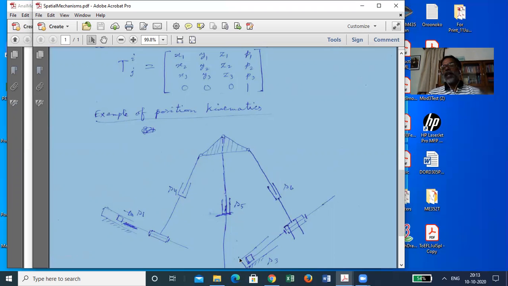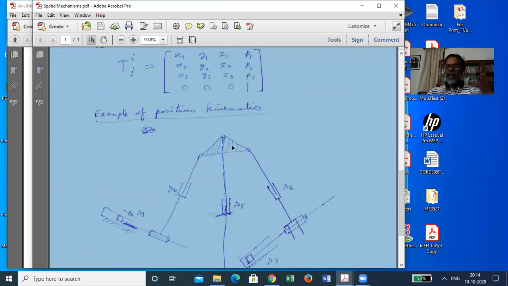So this mechanism actually has two independent loops. We are supplying these things as the independent variable symbols. So we actually are developing one more artificial loop, and then by developing that, we write three loop closure equations, one along this, one along this, and one along this. So one artificial loop we produce by prescribing the position and orientation of this platform.